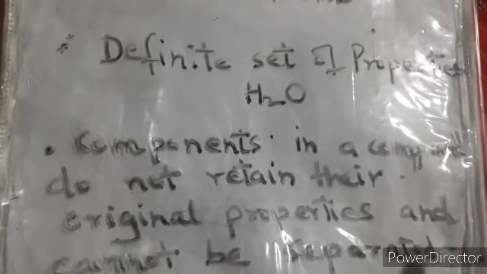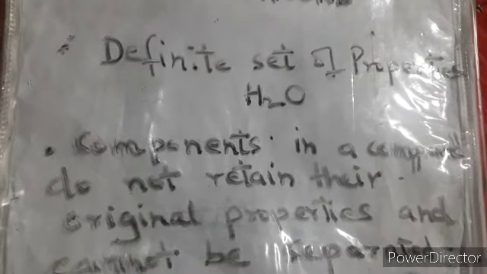And the second thing is that you cannot separate these components from each other, but there is still a method by chemical means. In water you cannot understand it easily. Let's see with iron and iron sulfide, which we have seen as an example, Fe.